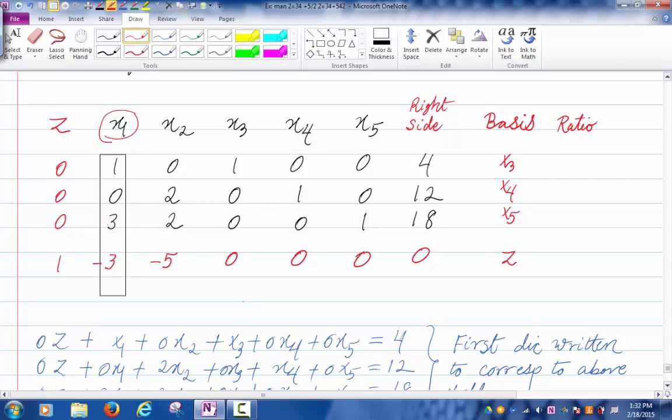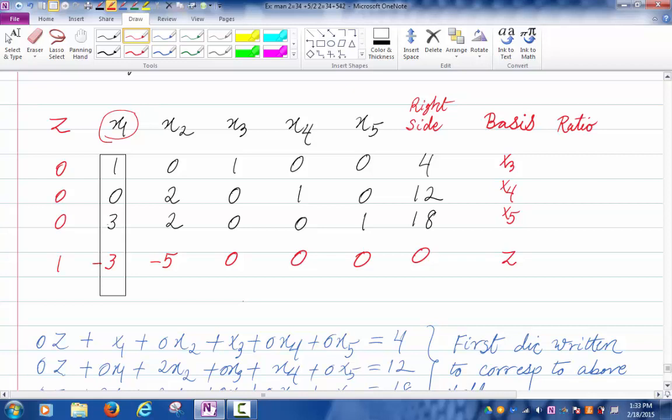Now how do you decide on the leaving variable now? How do you know which one is the leaving variable? Remember, we are increasing x1, and which of the variables come to 0 first? I showed you how to do that before in a different way, but it comes down to the following.